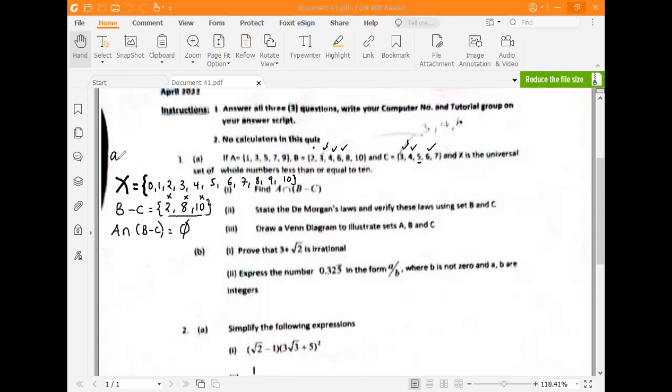This was 1A. And if that day you are like, sets come like this, that day you must enjoy. Because the sets that give us headache are sets like intervals, -1 to infinity, or 10 to 3, 3 to 1. Those you have to think through, you have to do the number line, but these are listed numbers.